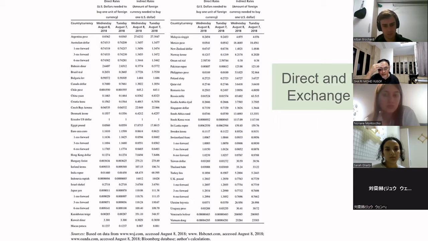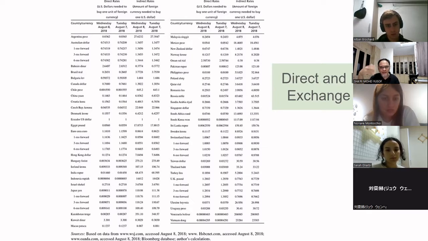So which one do you think is easier to quote? Is it the direct quote or the indirect quote? For example, euro to South Korean won. Which is easier in your own understanding to quote?